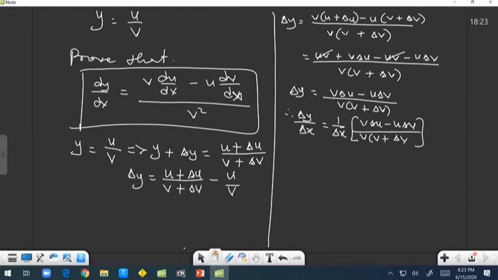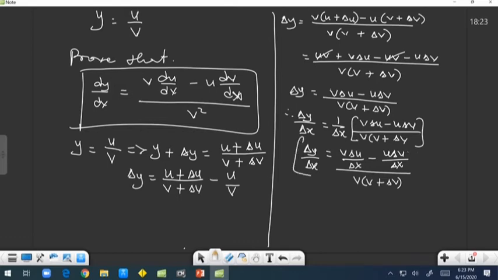So we open the bracket, we have v delta u over delta x minus u delta v over delta x, all over v in bracket v plus delta v. So we now find the limit of this expression.